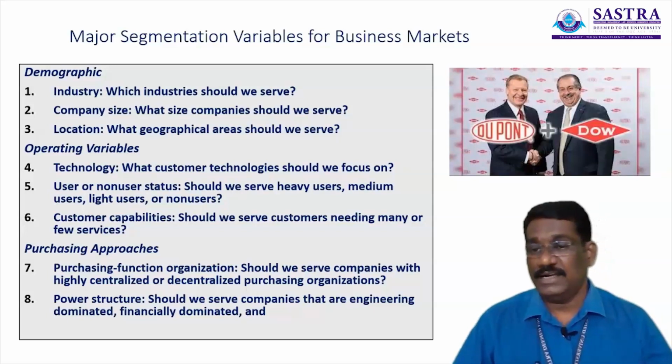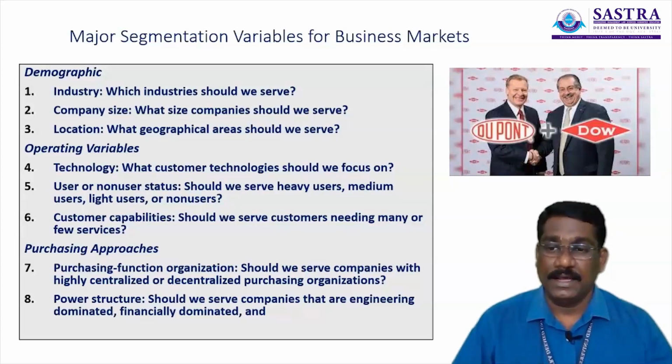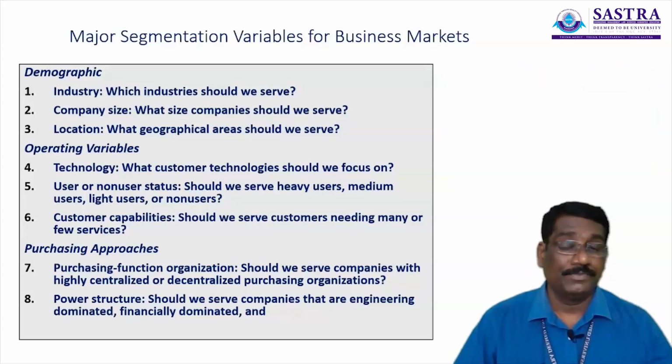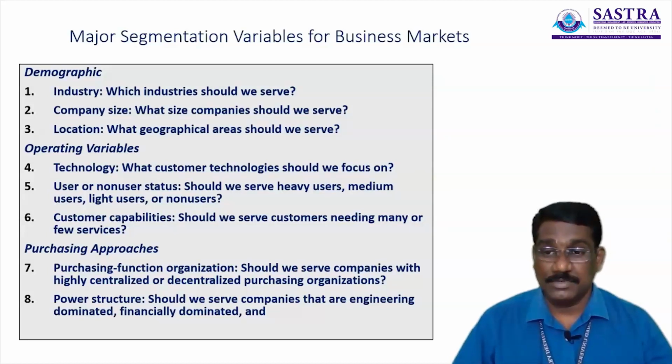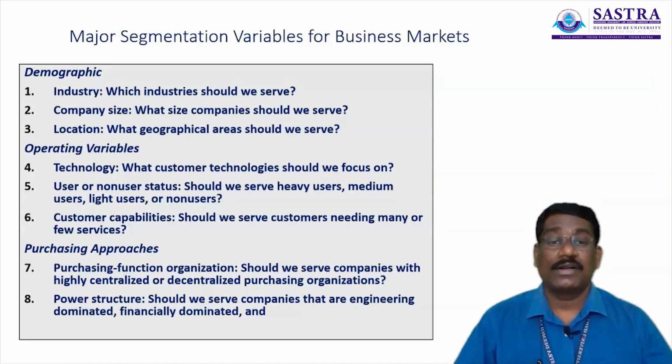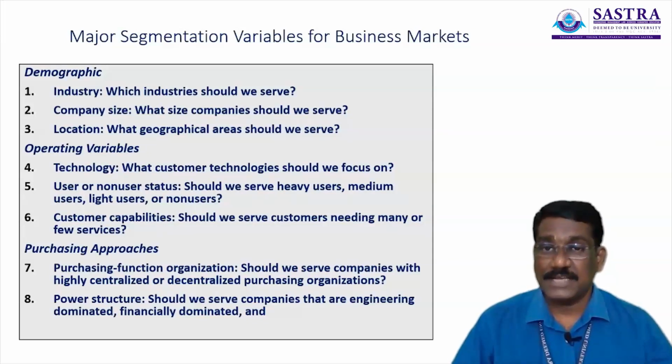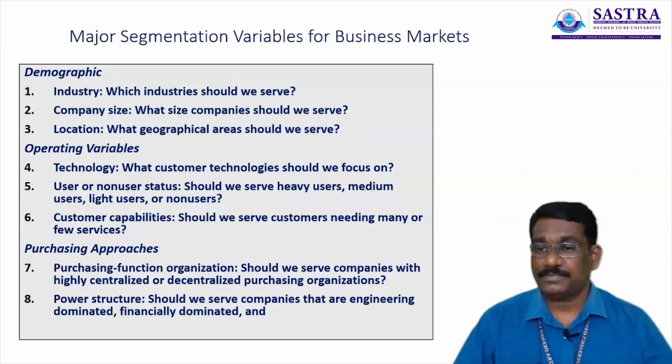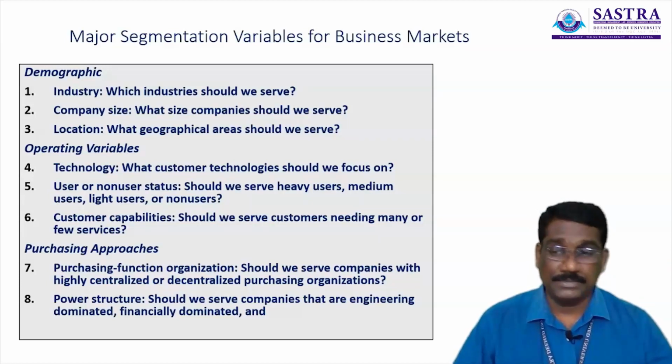Like that, I need to understand what kind of customer capability and what kind of services they require, so that accordingly we can segment our market, I mean the business market.